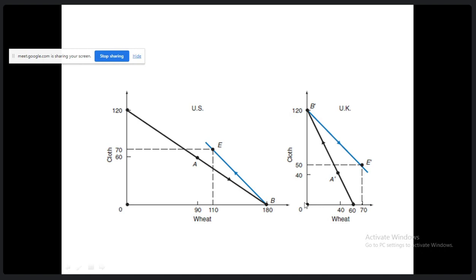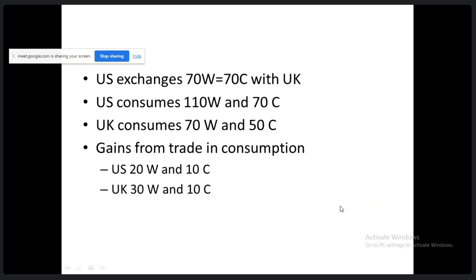So what is the combined production of wheat in the world before trade? Before trade, the combined production of wheat in the world is 90 wheat in US and 40 wheat in UK.